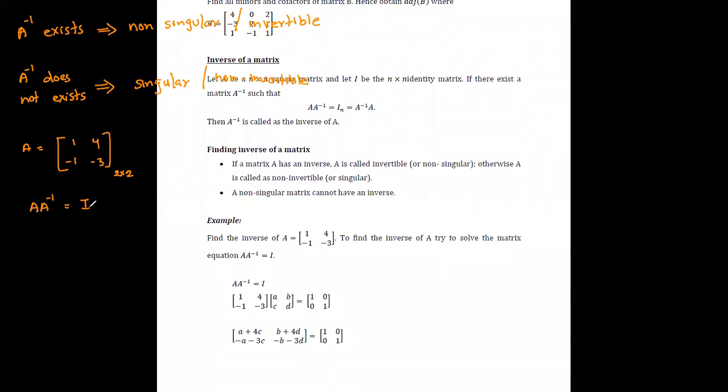Since A is a 2 by 2 matrix, we take I2 as a 2 by 2 matrix: 1, 0, 0 and 1. This is the 2 by 2 identity matrix.